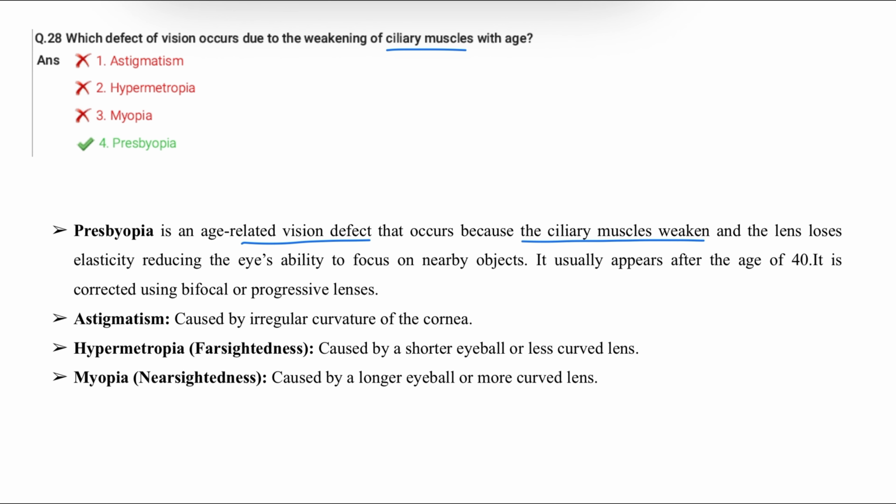It is corrected using bifocal and progressive lenses. Correct answer is presbyopia. Let us see other options. Astigmatism is caused by irregular curvature of cornea. Hypermetropia or farsightedness is caused by a shorter eyeball or less curved lenses. Myopia, nearsightedness, is caused by longer eyeball or more curved lenses.